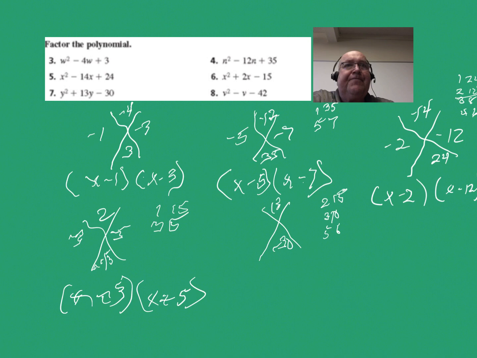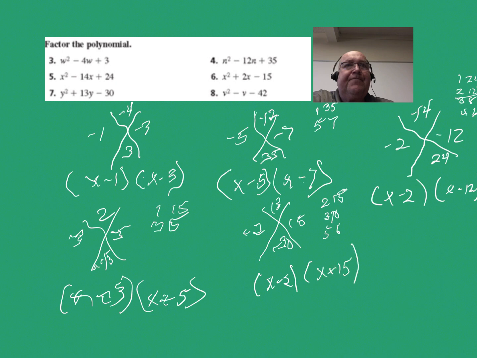And let's see what else. I think that's all the factors. So we're going to use a -2 and a positive 15. We're going to have x minus 2, x plus 15.